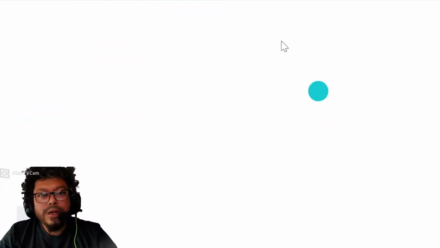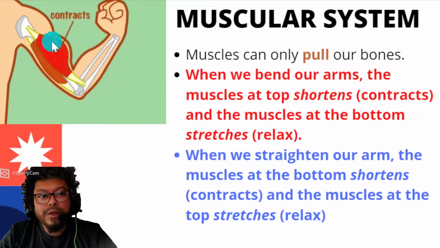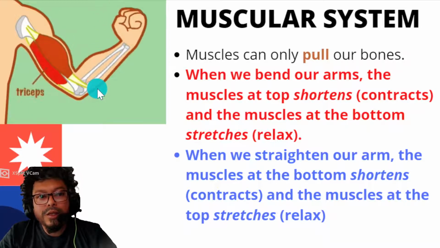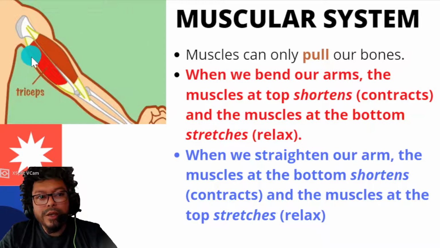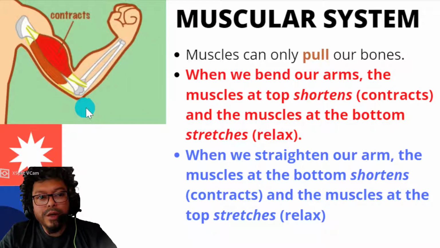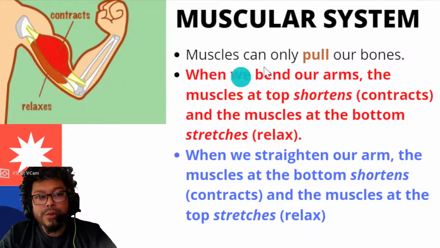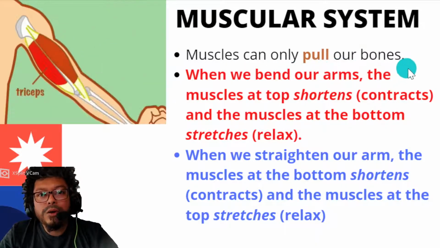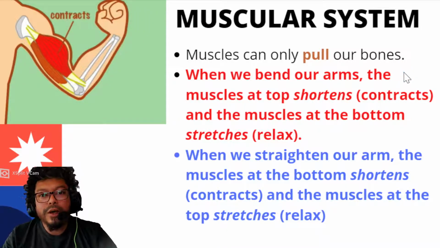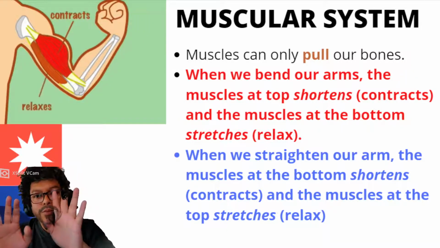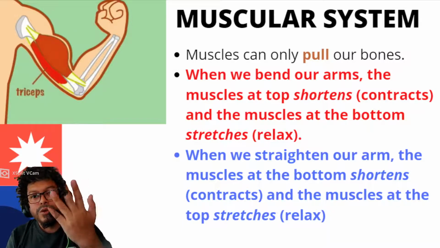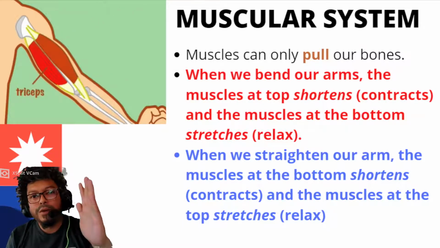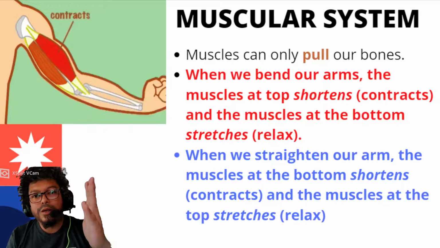For example, if we can see here, this muscle is connected to this bone, and there's another muscle at the back connected to the same bone. So like I said, muscle can only pull our bone. It cannot push.